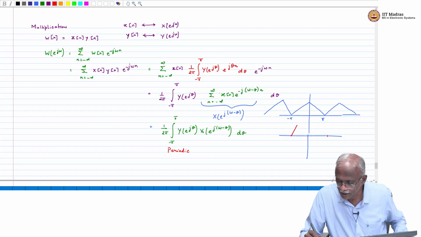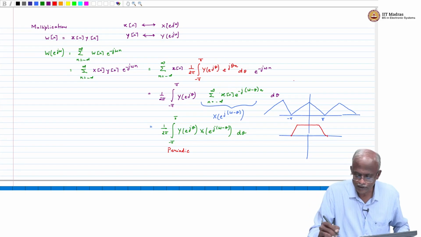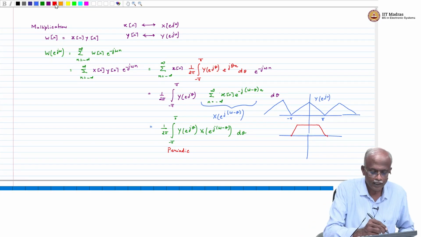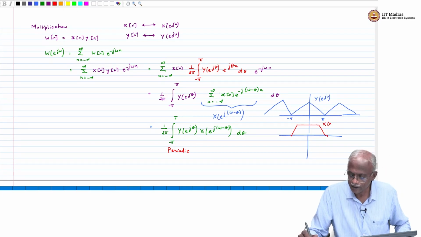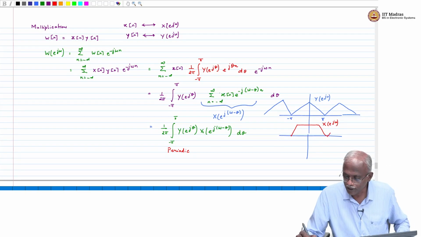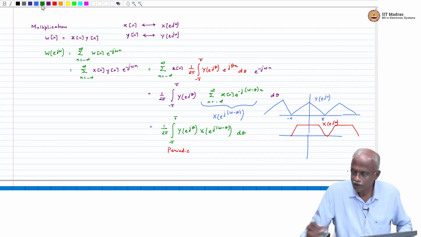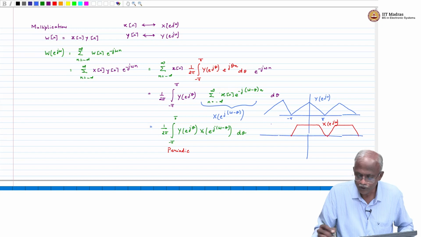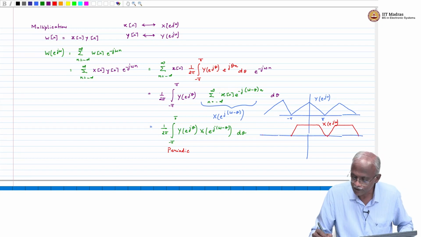The blue one is Y(e^{j omega}), and the red one is X(e^{j omega}). The red one also will be periodic, and on the negative side also you will get a copy of the signal.